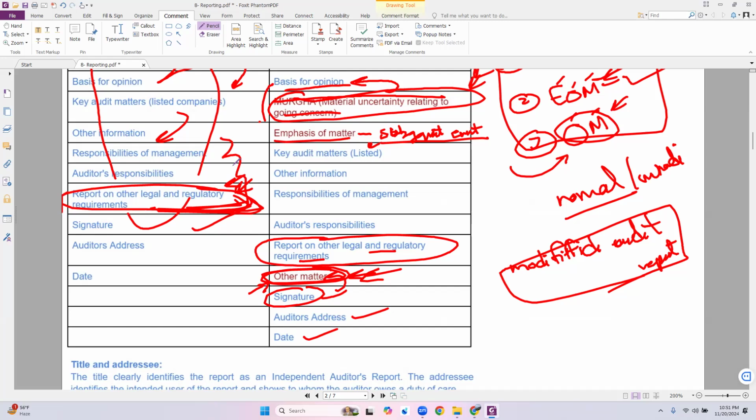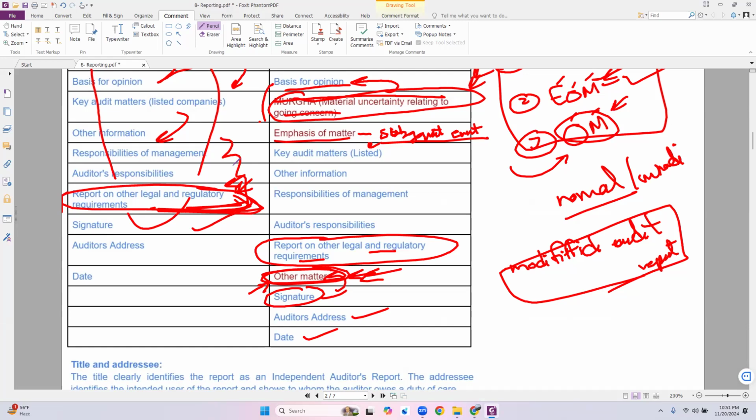Things that are not included within any other portion of the audit report, but the auditor wants to talk about it, then he uses the other matter paragraph. Got it? Let me ask you a question, very important.